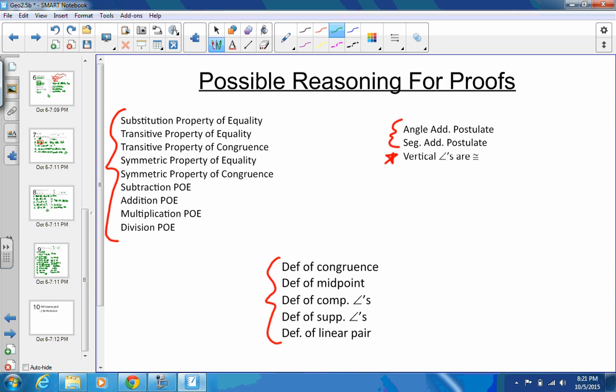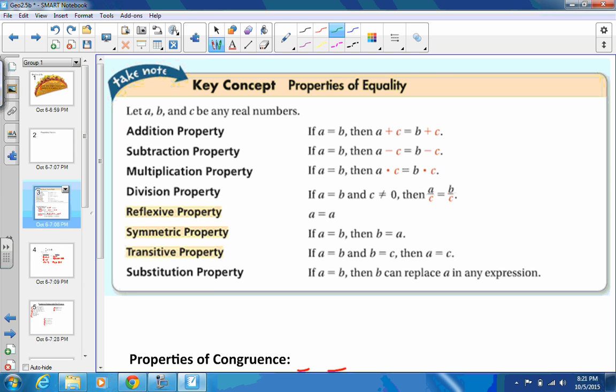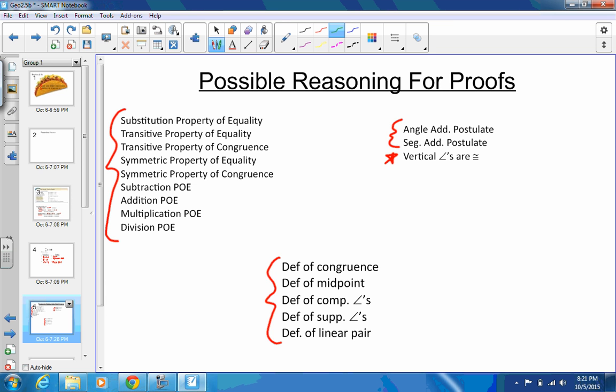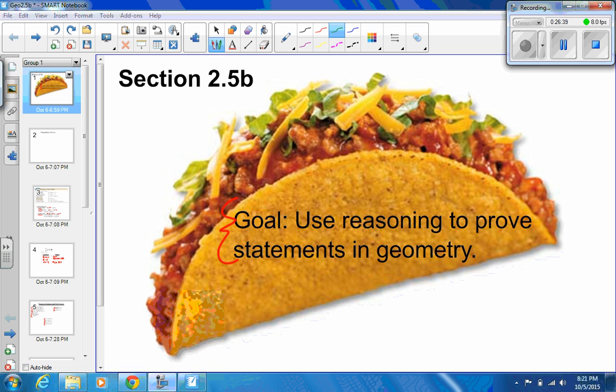Assess yourself on how you're feeling about these proofs, and do your best with the practice that you're going to get now for doing some more proofs. Make sure you're using these different reasonings to help you prove things. All right. So there you go. Use reasoning to prove statements in geometry. I'll talk to you later.